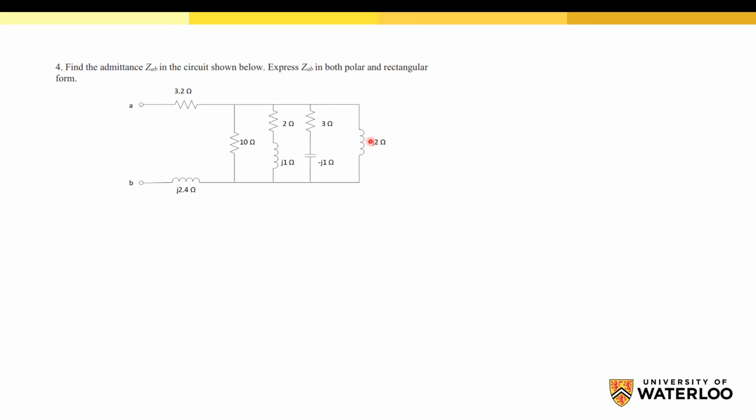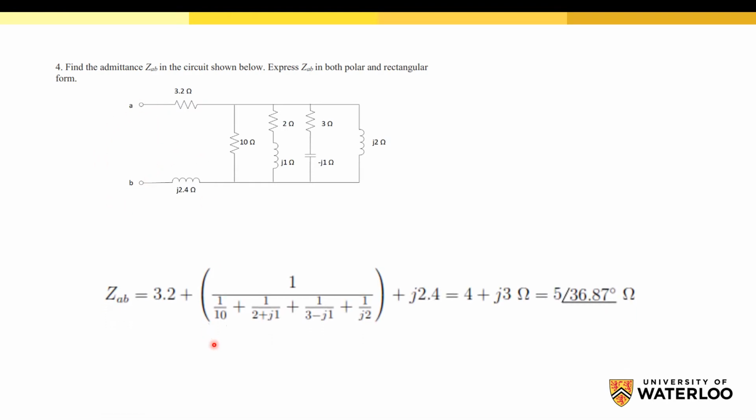We have 4 impedances in parallel, and then we can add these 2 elements in series to calculate the total impedance. So we'll have 3.2 plus all these in parallel, then plus j2.4, and we can express this in rectangular and polar forms.